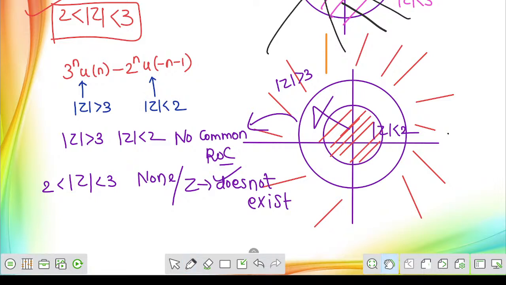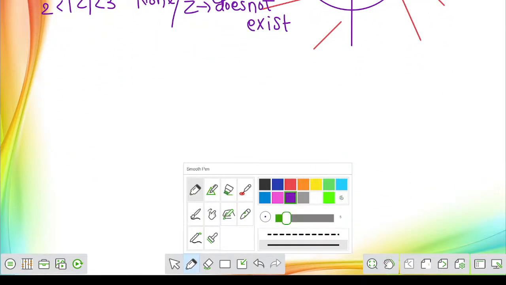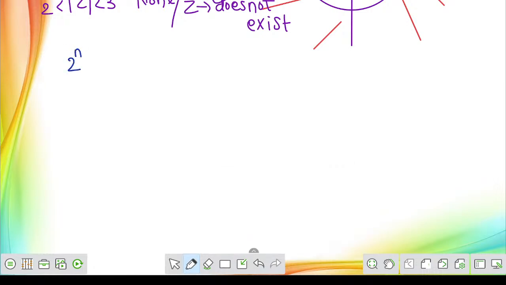Next thing. I will take one more example for a better understanding. Suppose it is given that we have 2 power n into u of n. This is one sequence. And the other one, let us consider 2 power minus n into u of n.